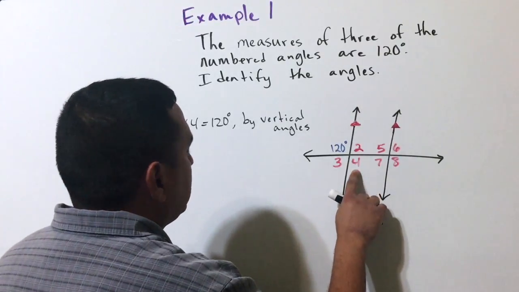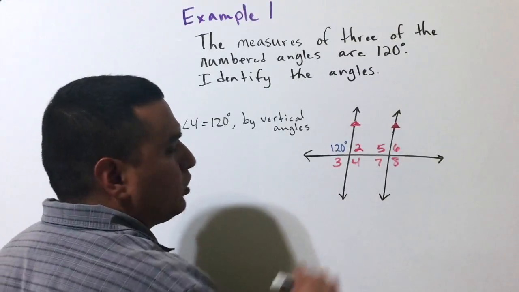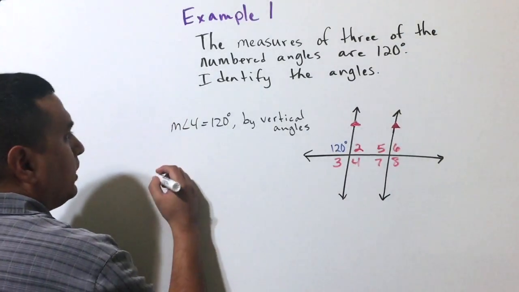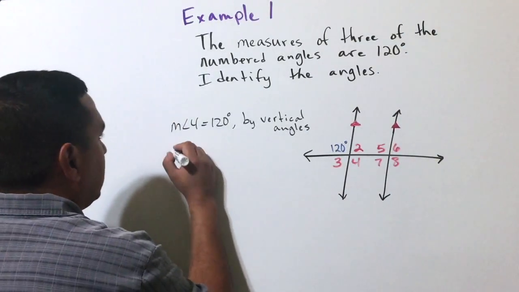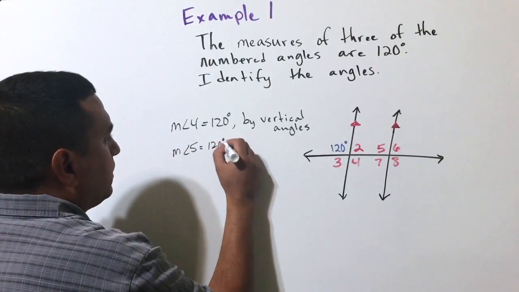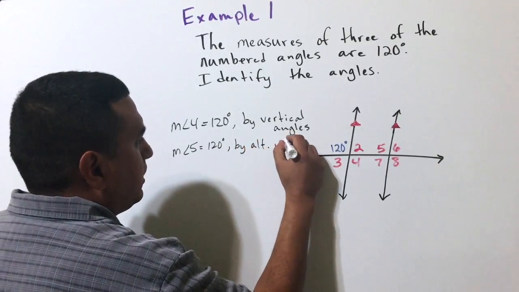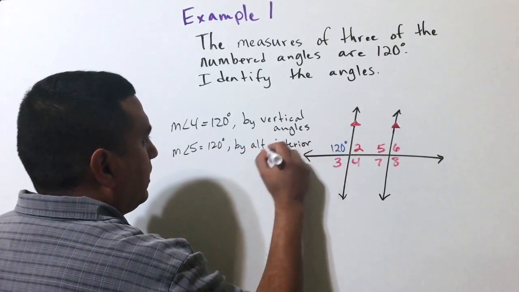Once we know 4 is 120, we can say 4 and 5 are alternate interior angles, and alternate interior angles are congruent, so angle 5 is also 120 degrees. Let's abbreviate alternate interior angles.